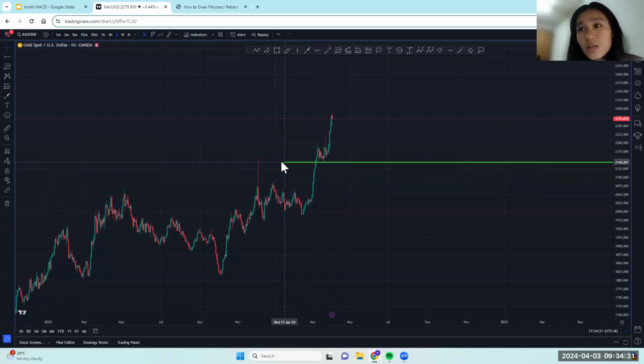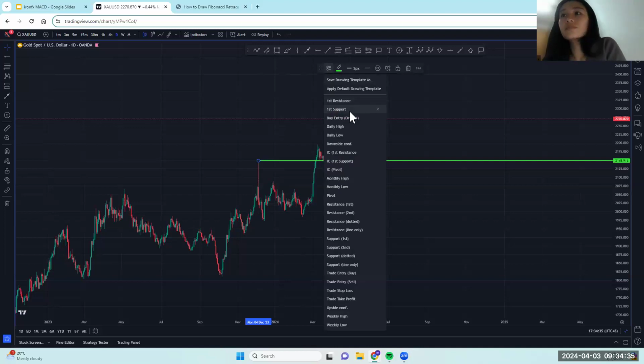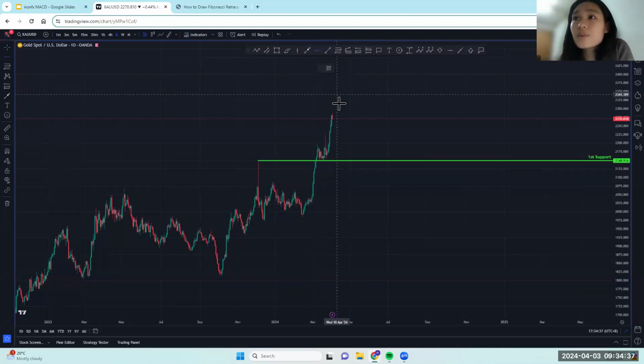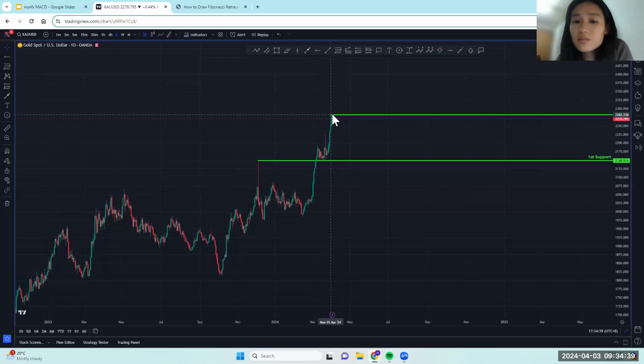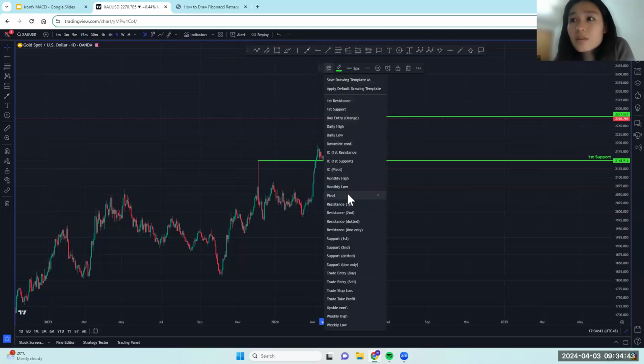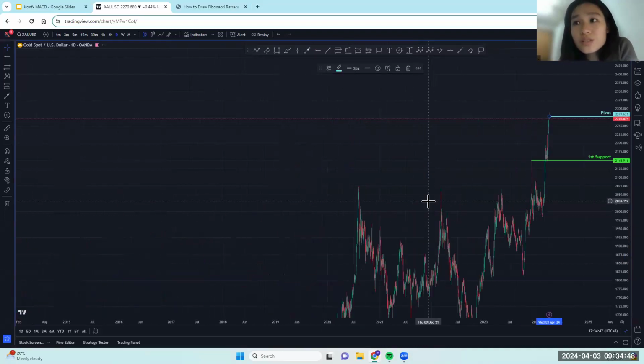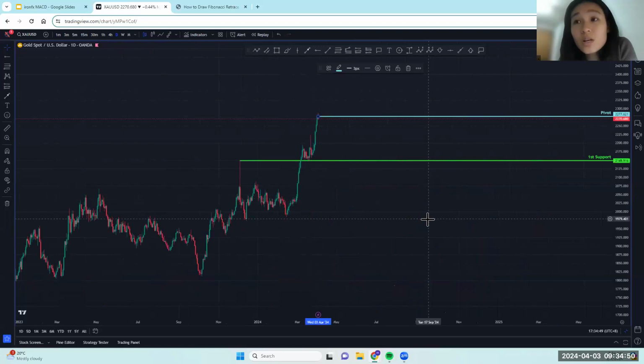So I'm gonna place my first support over here, and I'm gonna place my pivot up here, where price is currently at. Okay, and since we don't have any previous swing highs for reference, I'm gonna use my Nike tick strategy again.